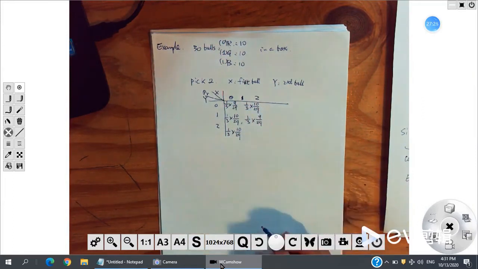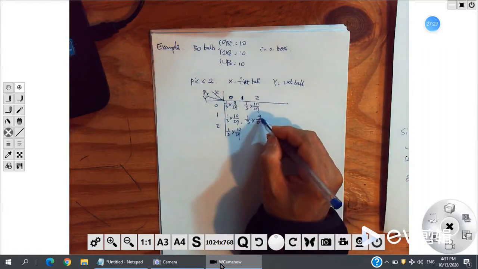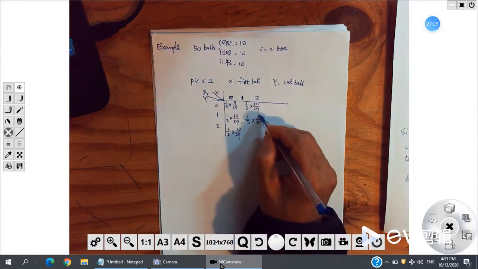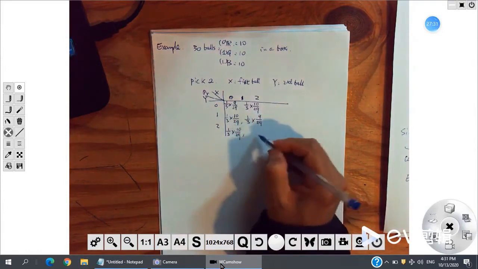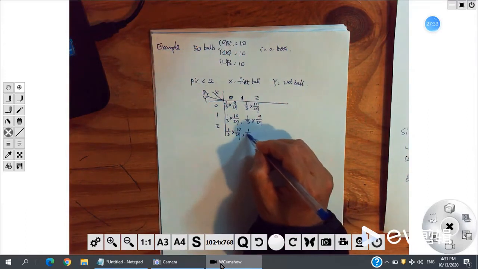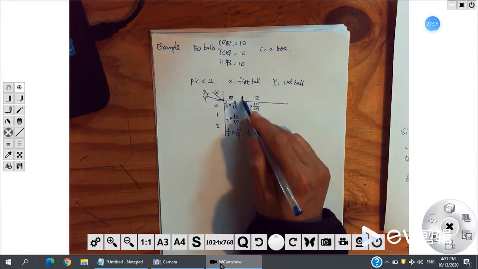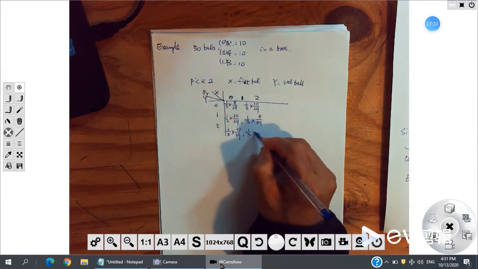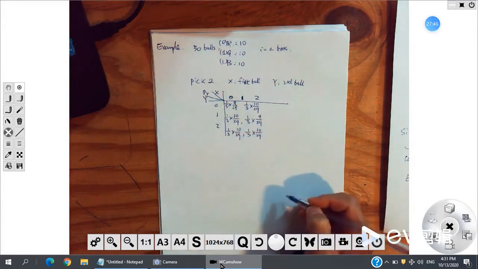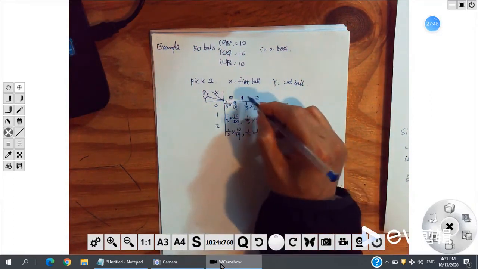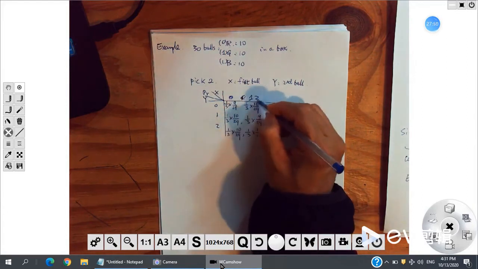Because we pick one, then we only have 9 left. And when the first bar is green, the second bar is blue, the probability will be this.